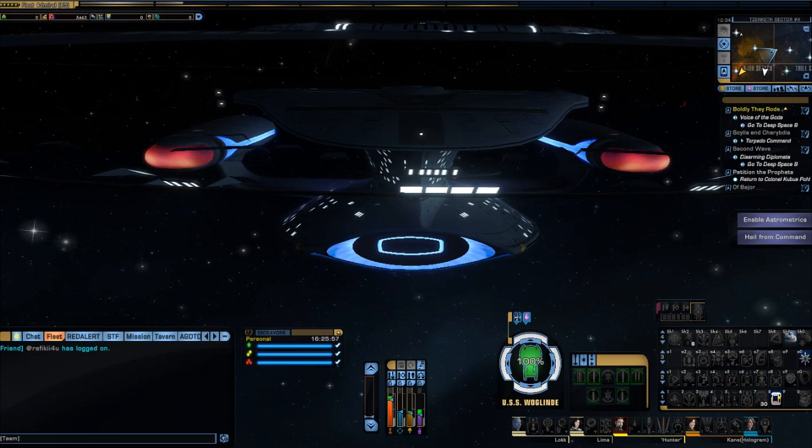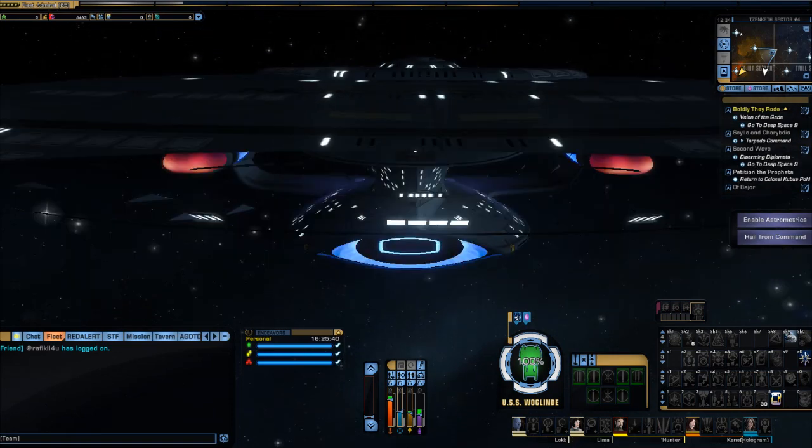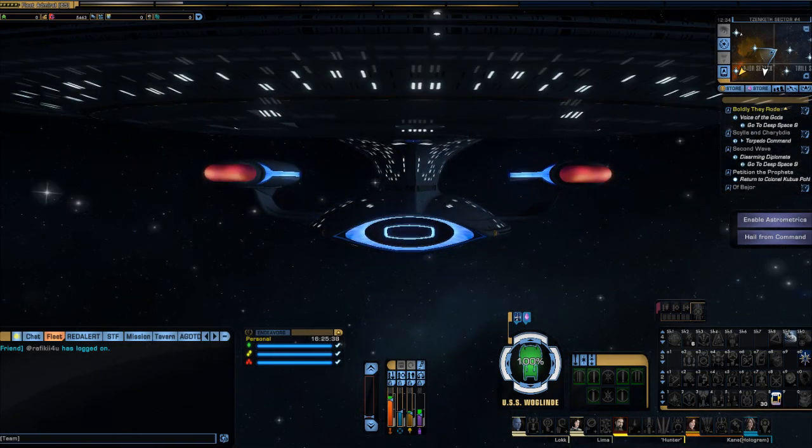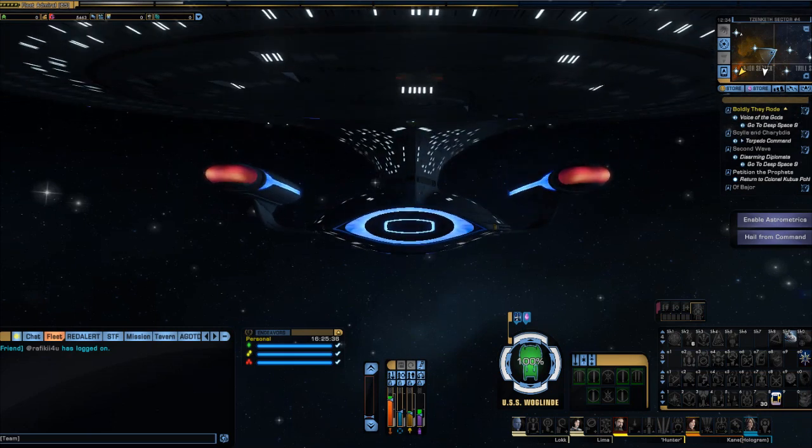That's what the suspicion I had was: is there just a cap over it? Because the same saucer geometry is used for the Dreadnought. It turns out, yes, there is just a cap over that.